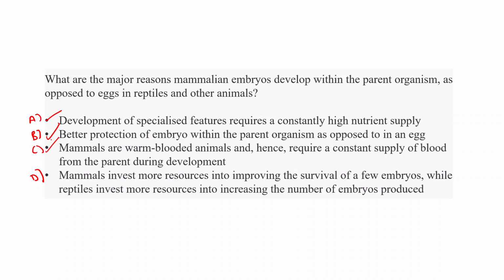And last statement is mammals invest more resources into improving the survival of a few embryos, while reptiles invest more resources into increasing the number of embryos produced. Yes, it is also a very correct statement. See, if you have studied, there is K selection, which happens in mammals, versus R selection, which happens in reptiles.